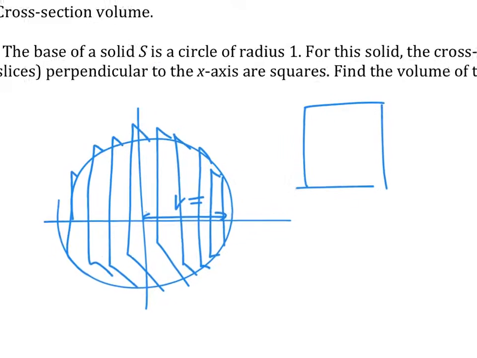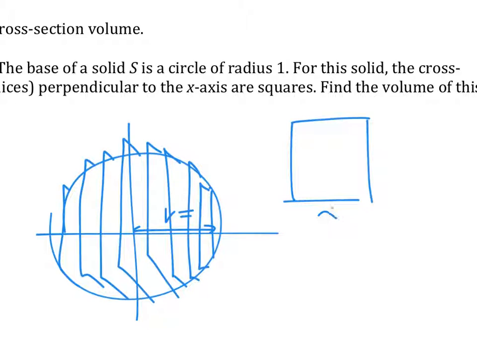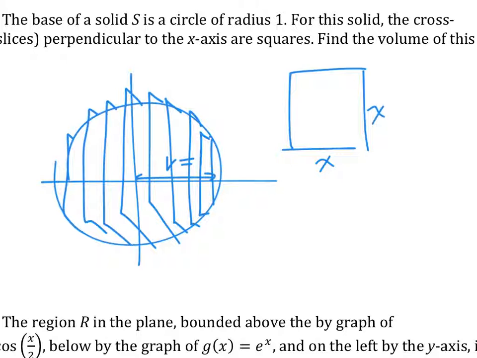Okay, so basically this square is going to be length times length, right? The question is, what is that length? So what we want to do is remember the equation for a circle. Do you guys remember the equation of a circle with radius r? x squared plus y squared equals r squared. You've got to remember that.